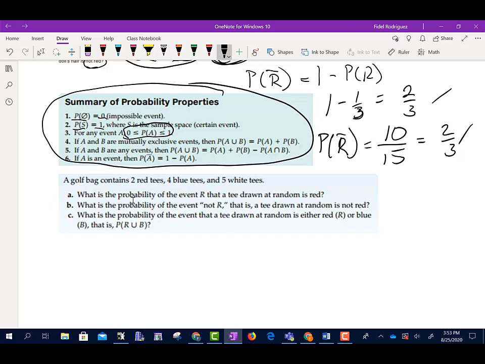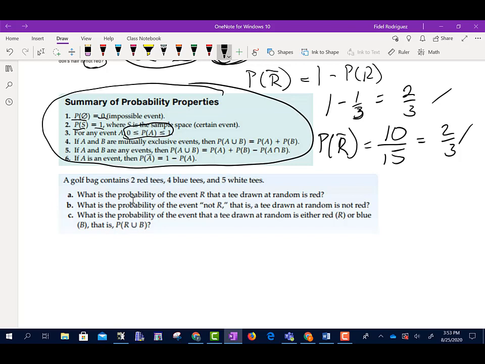A number between 0 and 1: 1/2, 2/3, 4/5, 0.78. I can't get probabilities of negatives. I can't get probabilities of 17.9. It has to be a number between 0 and 1. It says if A and B are mutually exclusive events, then the probability of A union B would just be the probability of A plus the probability of B.